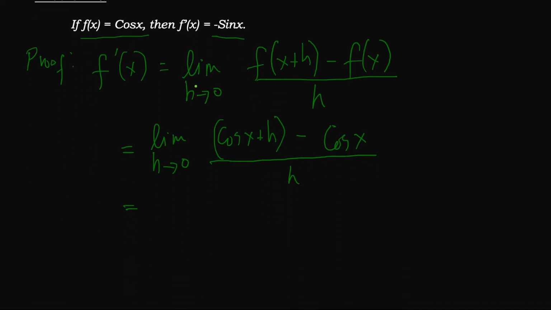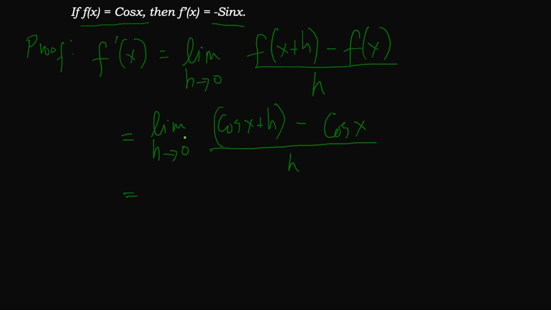So this will become the limit as h approaches 0 of cosine of the first angle times cosine of the second angle minus sine of the first angle times sine of the second angle.